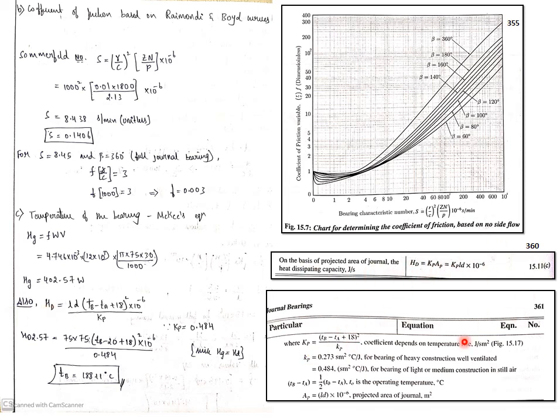Okay, so these two tables represent the values from the data handbook. Okay, so substitute the values of L into D, Tb. Okay, the bearing temperature is needed, and you know the value of Hd. Similarly, we are assuming that Hg is equal to Hd, then we have to substitute the value of Hg here. Okay, Kp value you know. Okay, so from here we will get the value of bearing temperature.